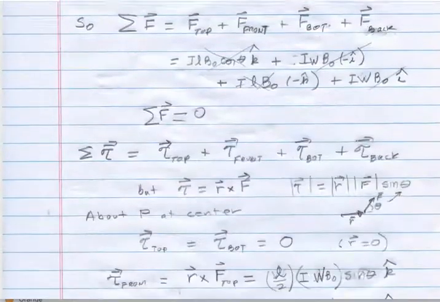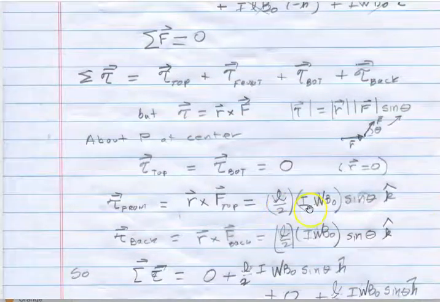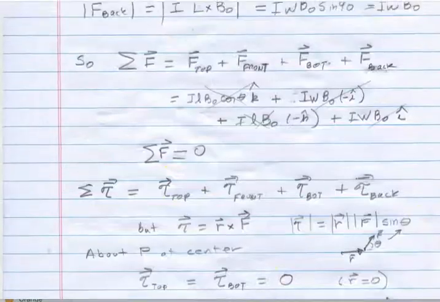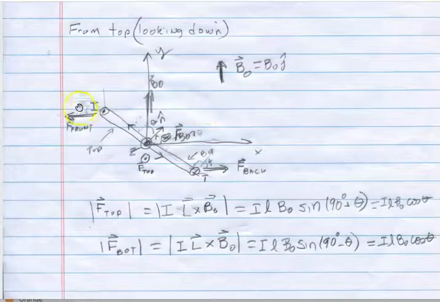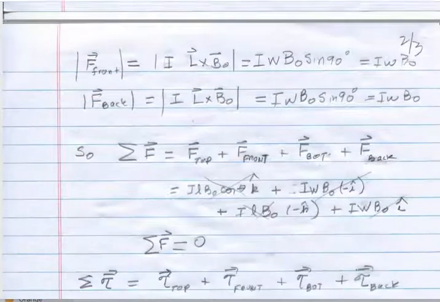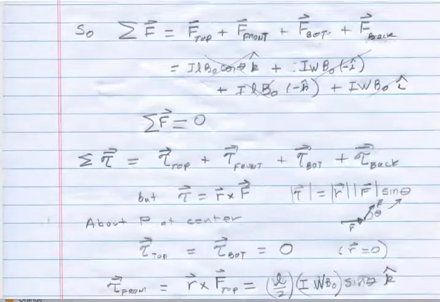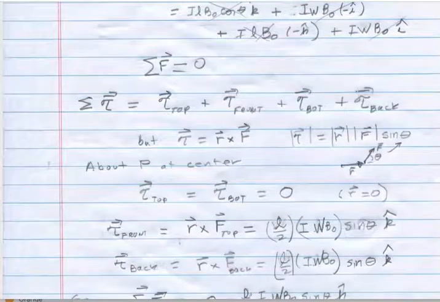Well, the force on the front, I should say, was I W B naught, and so these become L over 2 I W B naught, and then the torque in magnitude has to have the sine of this angle that's between the two here. And again, what you find is that both of these two torques are identical.